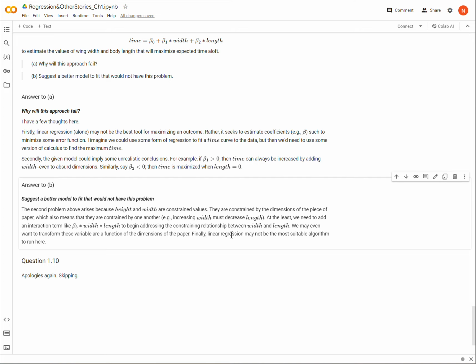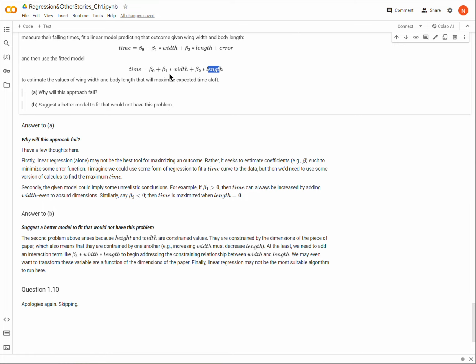We may need some kind of nonlinear regression, or we may need nonlinear terms in here, such as width squared or length squared or something. But anyway, there's a lot of things that we could do to begin to play with the model, but we definitely need to address the constraints that are imposed on the model, as well as the relationship between length and width.